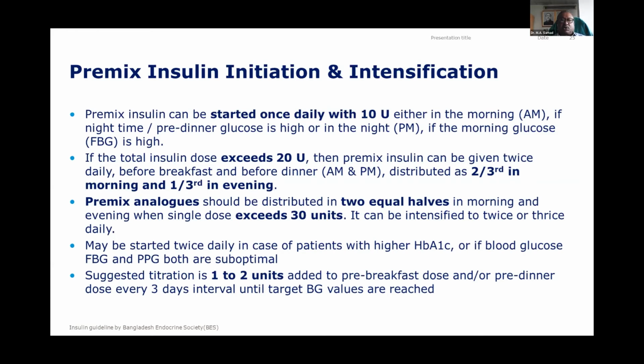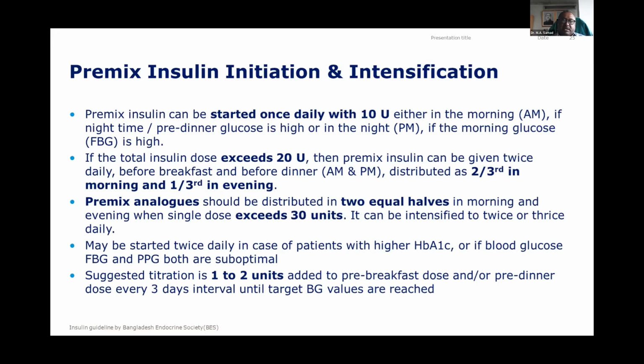Premix analogs should be distributed in two equal halves, once in the morning and once in the evening, when the single dose exceeds 30. That means you start with a single dose, and if it exceeds 30 units, then you divide the dose.